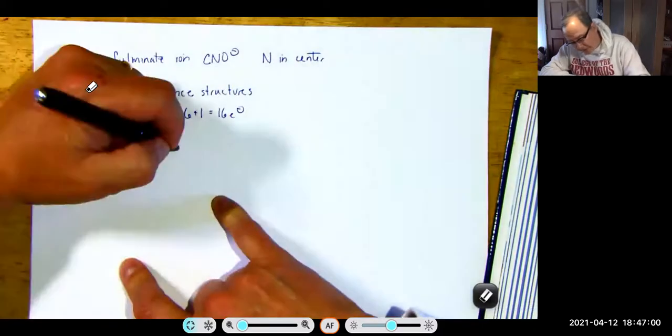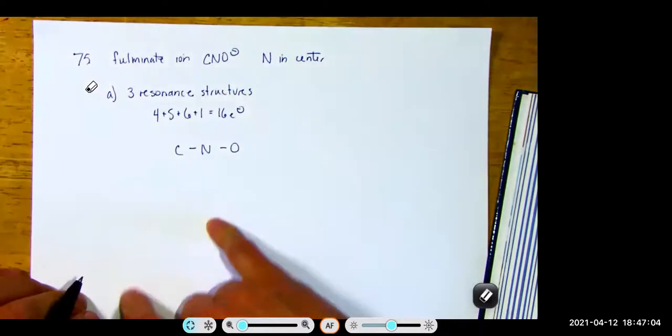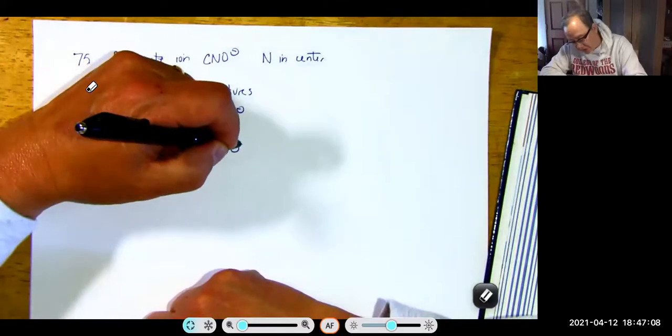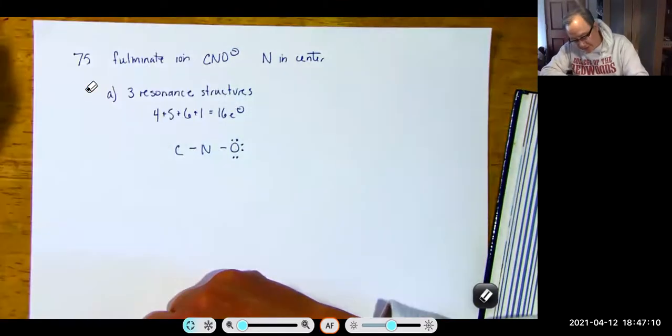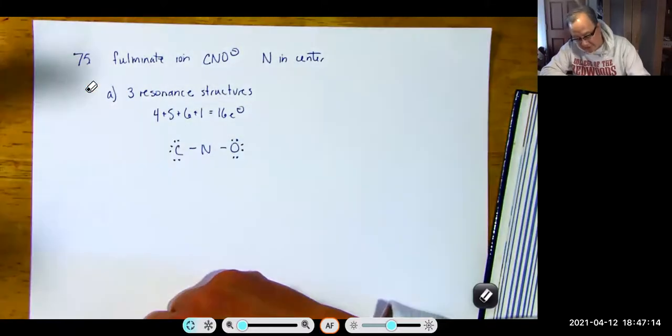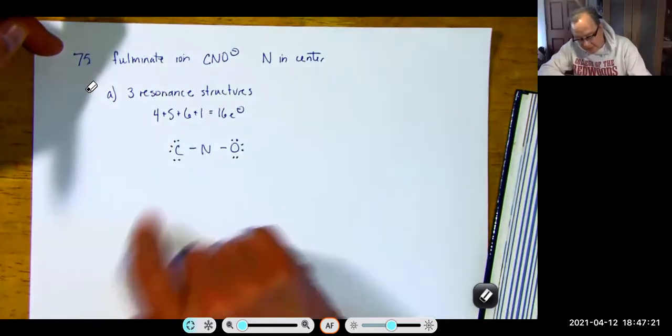Okay, so can you see how this is how we're going to start? Because nitrogen's in the center. We put lone pairs on the oxygen first, and then lone pairs on the carbon. We do oxygen first because it's more electronegative. So now we have to decide, how do we get an octet on nitrogen?